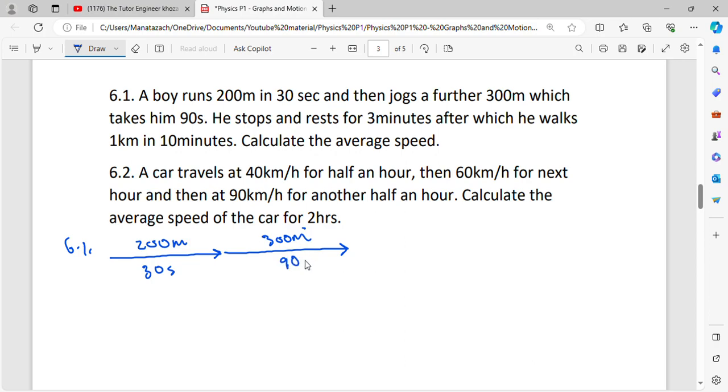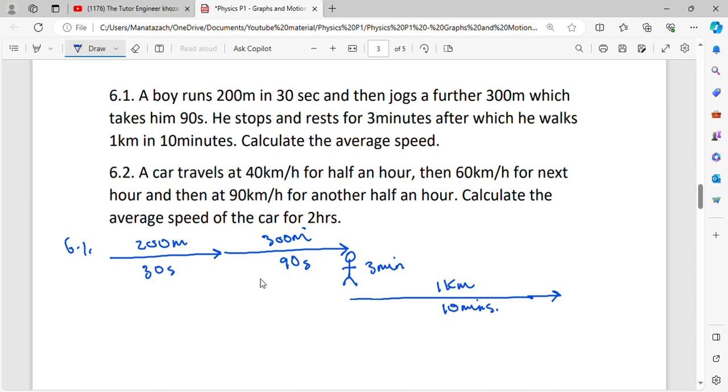It takes him 90 seconds. Then the boy is at rest for 3 minutes, and then he walks a further 1 kilometer, which is a bit longer, and it takes him 10 minutes.